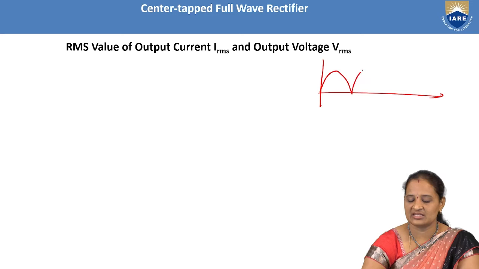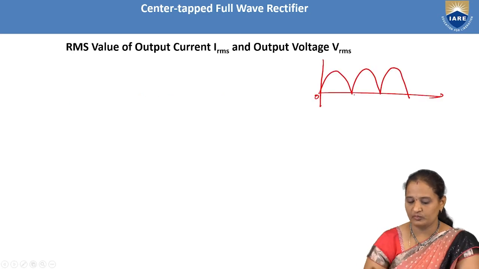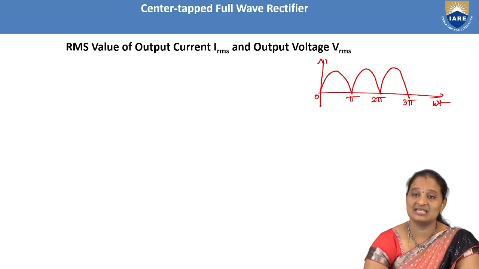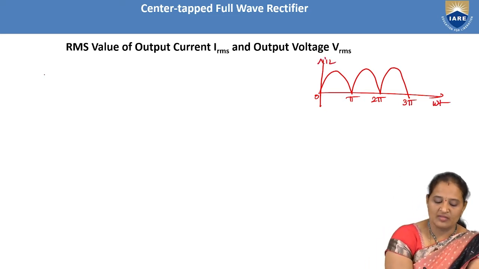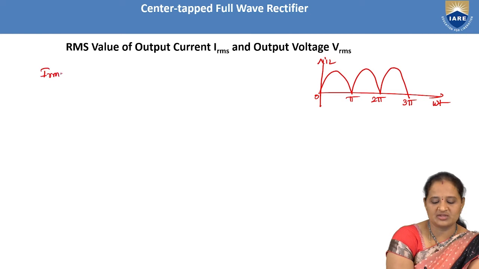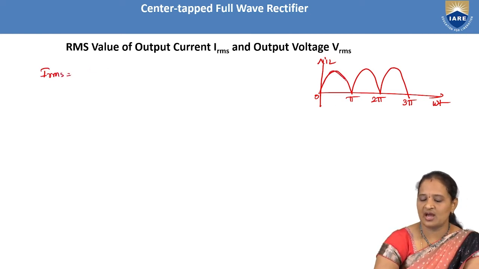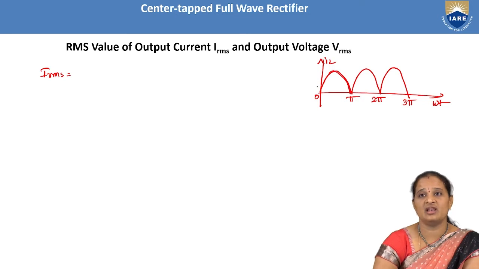So first let us consider the IL waveform. This is my IL waveform, 0 to pi, 2 pi, 3 pi, omega t, and this is IL. Now the IRMS root mean square value can be found out. Even if you find this RMS value for one cycle, that is enough because it is repeating.